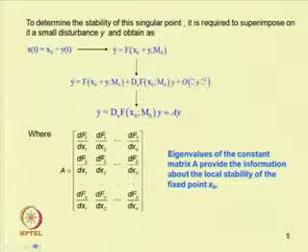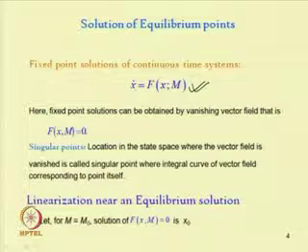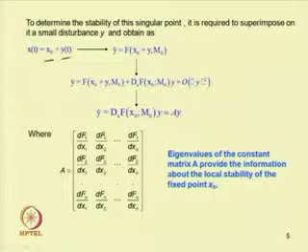Let x0 be the equilibrium solution, and we give a small perturbation y(t) to the solution, so x(t) equal to x0 plus y(t). Substituting in the original equation x dot equal to f(x, m), we can write y dot equal to f(x0 plus y, m), and so y dot equal to the partial derivative of f with respect to x at x0, m, times y, or A y, where A is the Jacobian matrix of the system. Finding the eigenvalues of this Jacobian matrix, we can study the stability of the system.